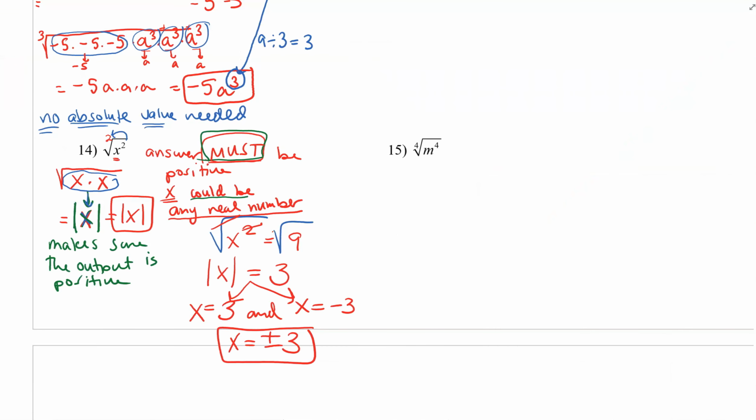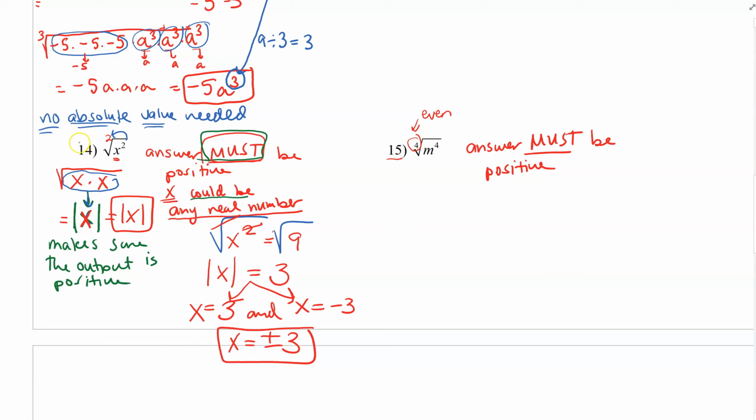So moving on to number 15, it's a similar case, right? I've got an even root, okay? Which means, and there's no plus or minus sign, which means that the answer must be positive, okay? And so I need to be careful when I get to my final answer to recognize if it needs absolute value.